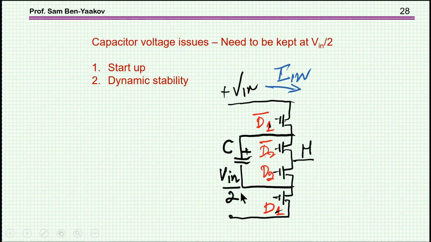Otherwise, not only will the operation be incorrect and you have higher ripples, etc., but you may, of course, damage the transistors, because if you choose transistors with a blocking voltage which is lower than Vin, and if the capacitor has an incorrect voltage, then you may blow up one of the transistors.